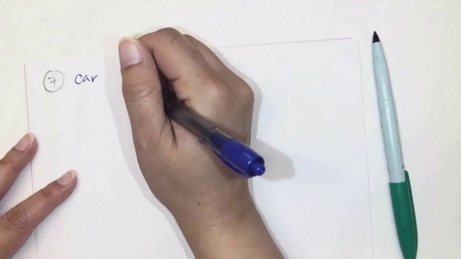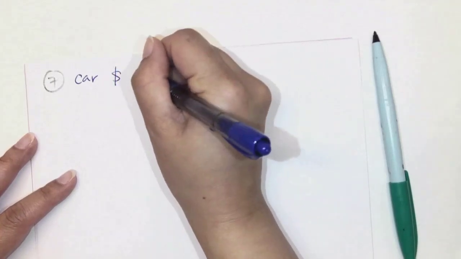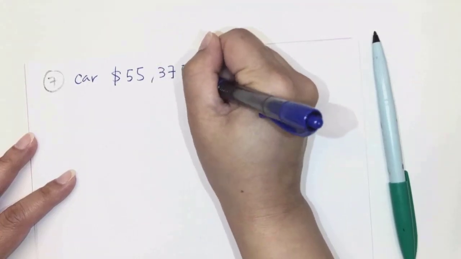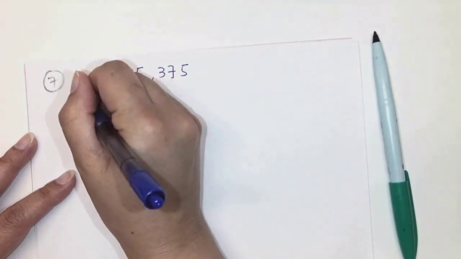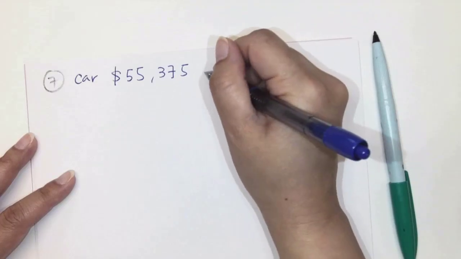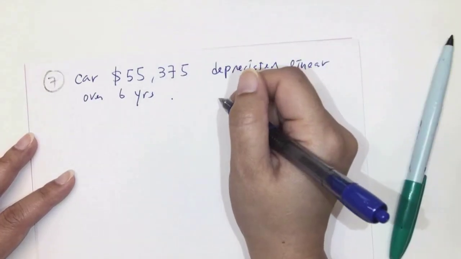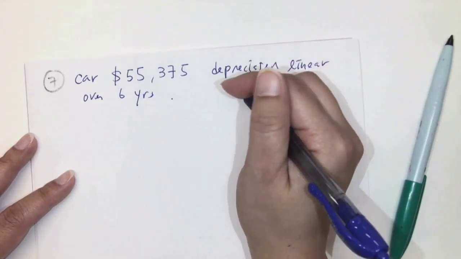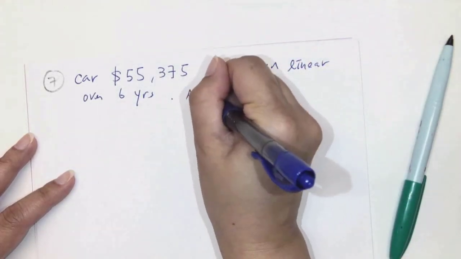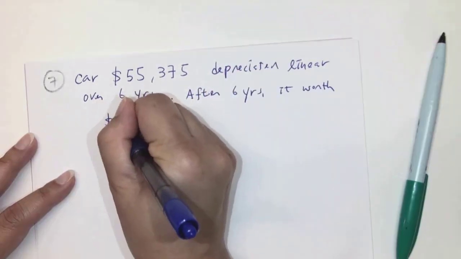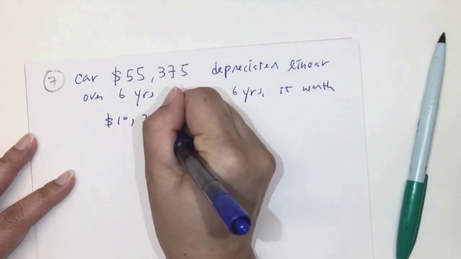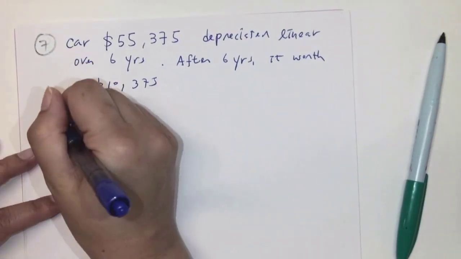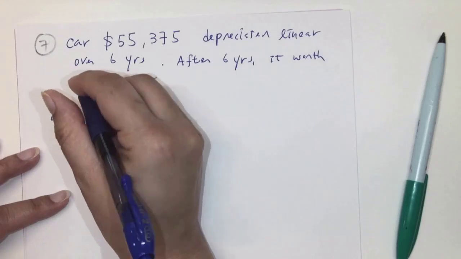When you bought it, it's valued at $55,375 and depreciates in a linear way. But this time it's not going to go to 0, okay? So at the end of 6 years, it's worth $10,375. They want to ask a few questions. One is, what is the depreciation rate?